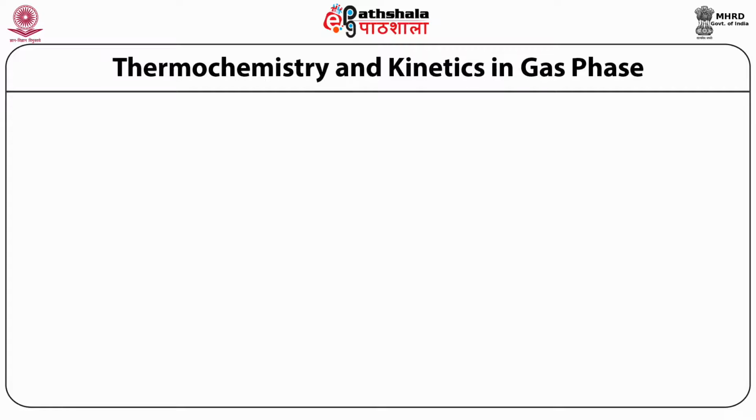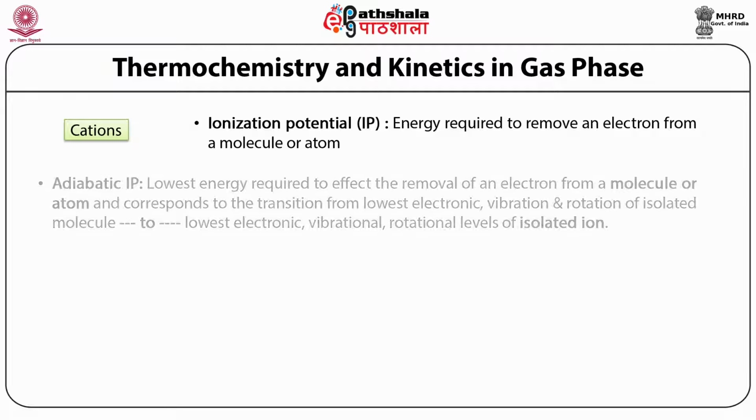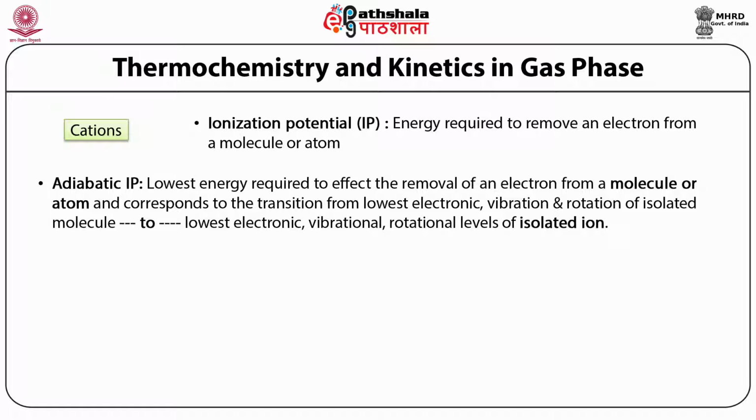Let us try to understand what happens to the cations and anions. The ionization potential is classically defined as the energy required to remove an electron from a molecule or atom. The adiabatic ionization potential is the lowest energy required to effect the removal of an electron from the molecule or atom, and corresponds to the transition from the lowest electronic, vibrational and rotational level of the isolated molecule to the lowest electronic, vibrational and rotational level of the isolated ion.